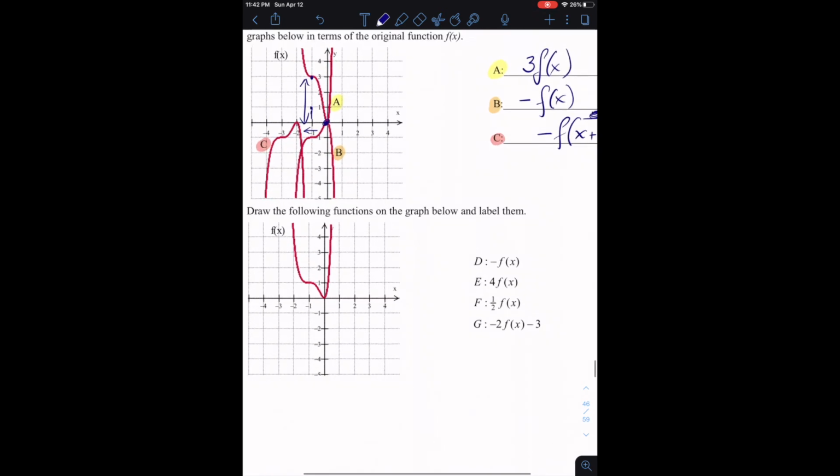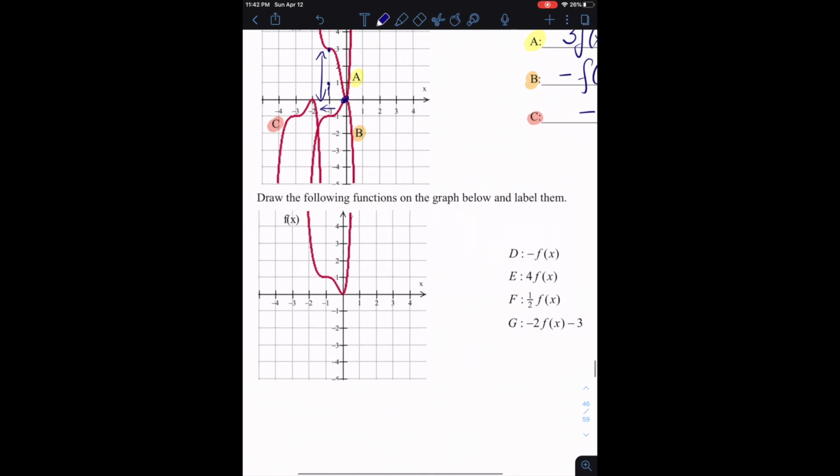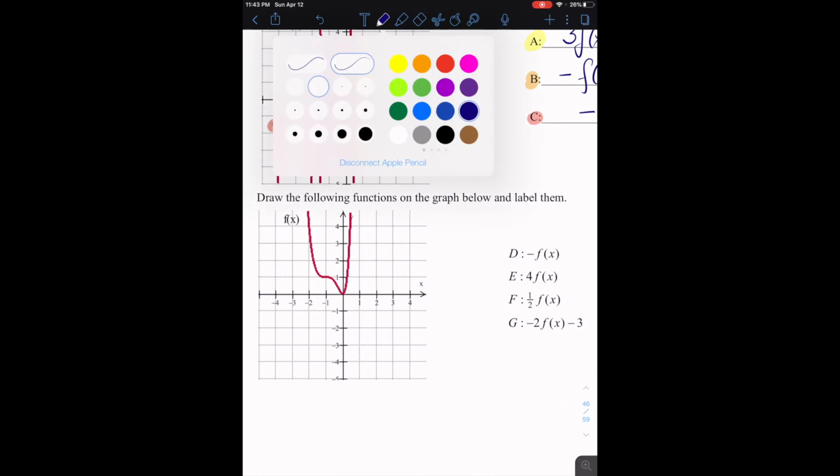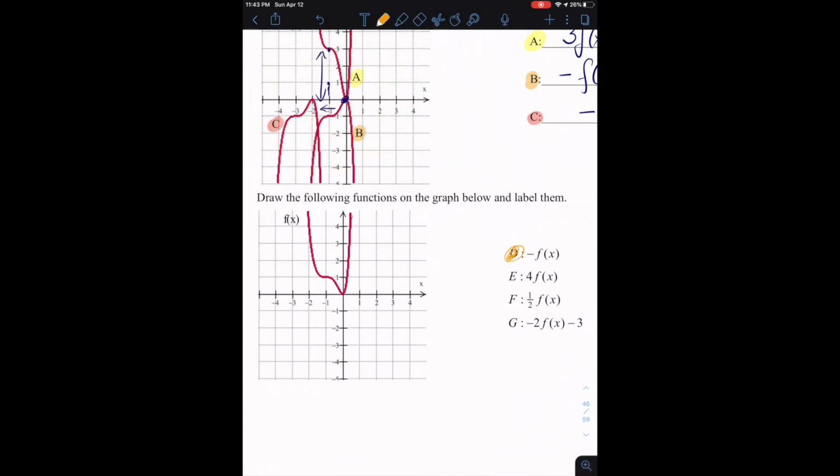So let's take a look at these now. Our f of x is given. What does D look like? The negative f of x. So D is going to have all of the positive values now be negative values. So they're all going to be negative values. Okay. So that's going to be D.